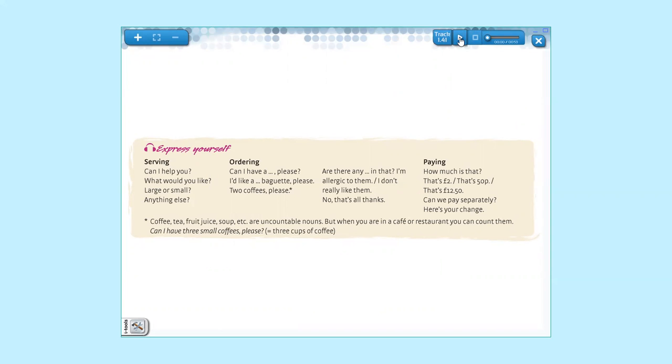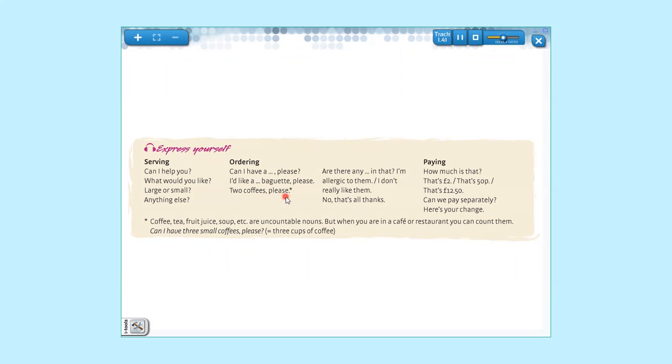1, 2, and 3. Serving. Can I help you? What would you like? Large or small? Anything else? Ordering. Can I have a, please? I'd like a baguette, please. 2 coffees, please.